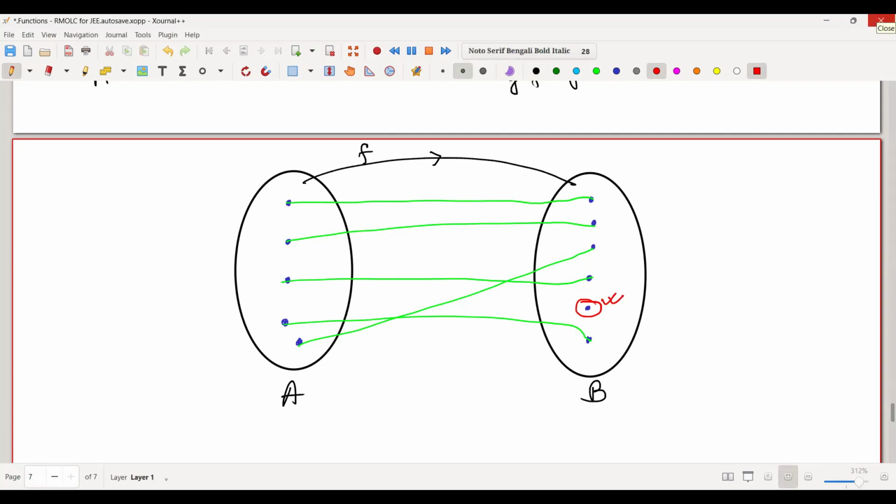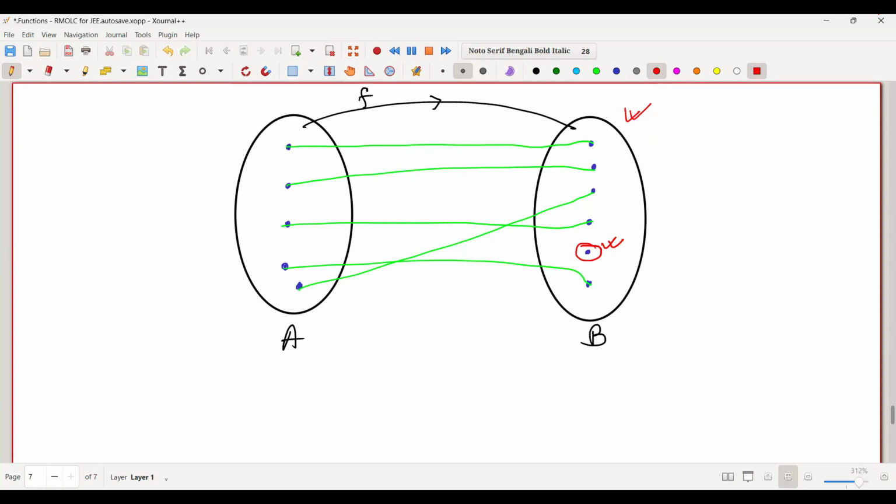That means the condition for a function is violated, that every element of the domain has to have an image. So for the function g, you can easily understand that the domain is set B and the codomain is set A. So g is defined from B to A. That means B is the domain and this is the codomain.